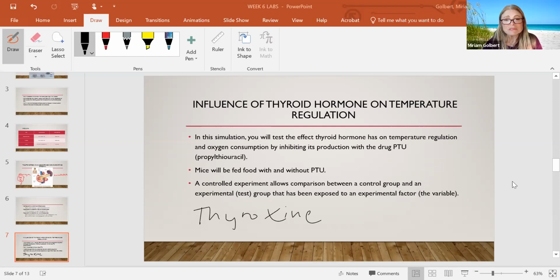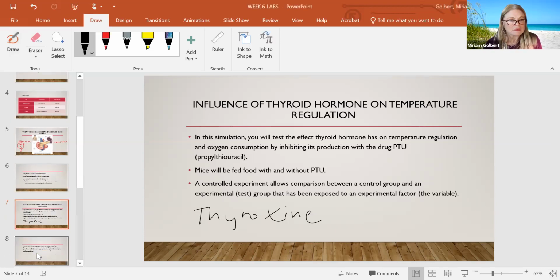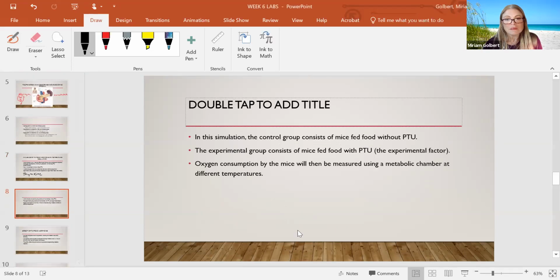So the mouse that eats this food with PTU obviously is going to have lower thyroid hormone or thyroxine available, right? So obviously the control will be our mouse with no PTU, and our experimental will be the mouse with PTU.